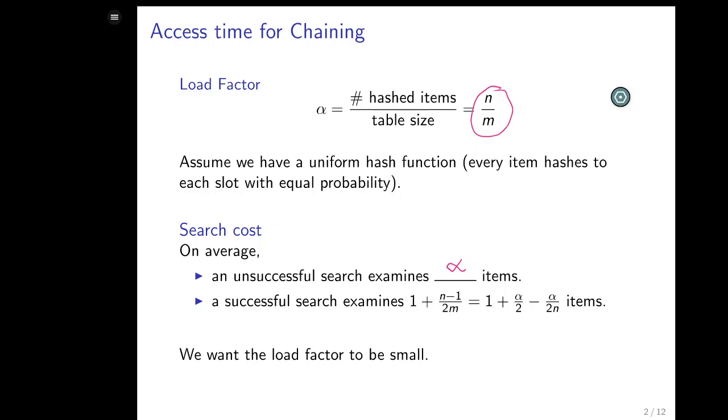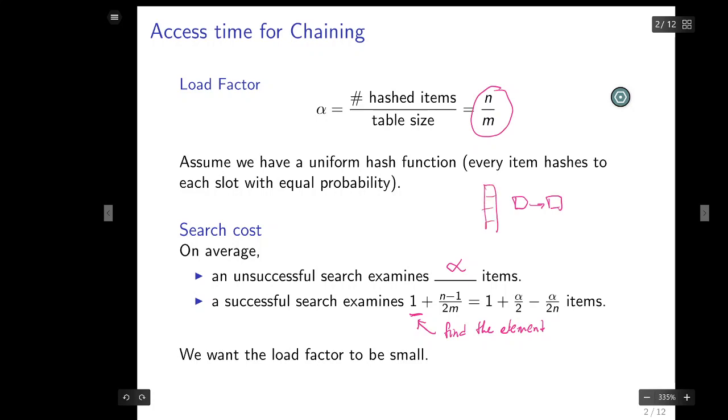If we have a successful search, then this one corresponds to the fact that we find the element. So here's our linked list out of this hash table, and someplace along this linked list we find X. That is one piece of the cost involved in a successful search.